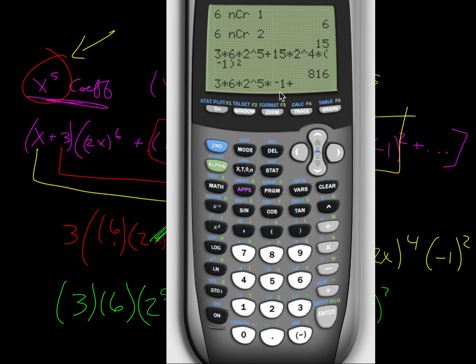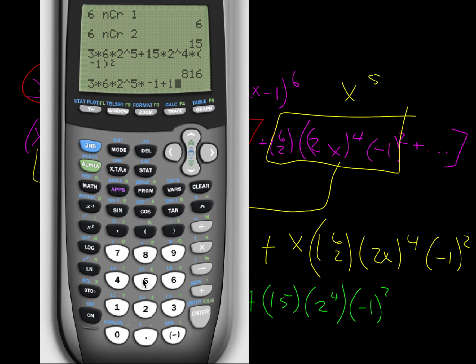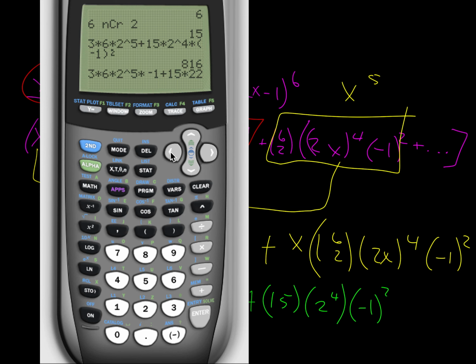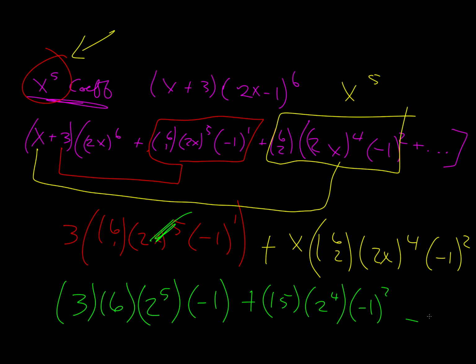So that's what I left out, that -1. And then I got 15 times 2 to the 4th. And then -1 squared is just 1. So times that by 1. And now I got the right thing. So -336.